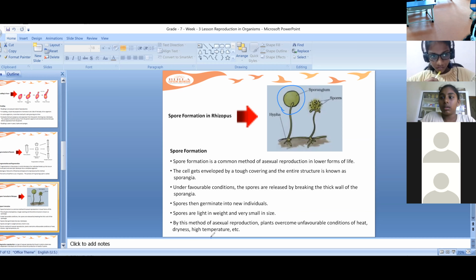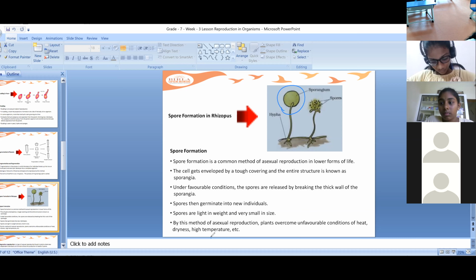So under favorable conditions, it's a tough envelope, the tough covering. So the entire surface is known as sporangia. Under favorable conditions, this sporangium bursts and all the spores are released out. After breaking this tough, thick wall, the spores are released.